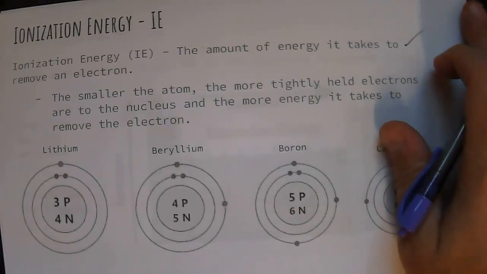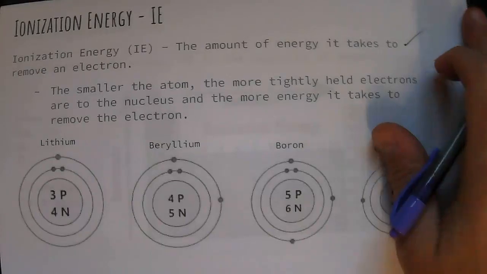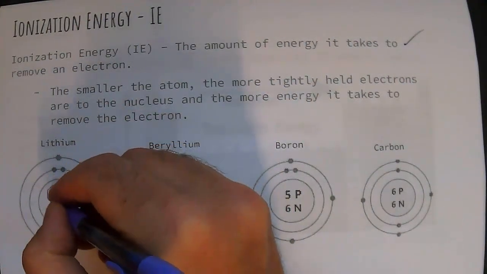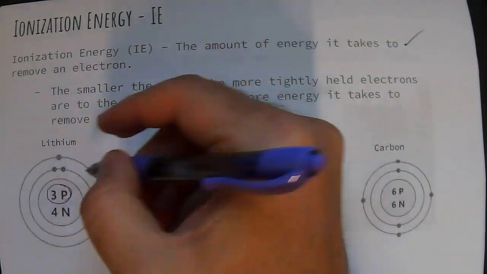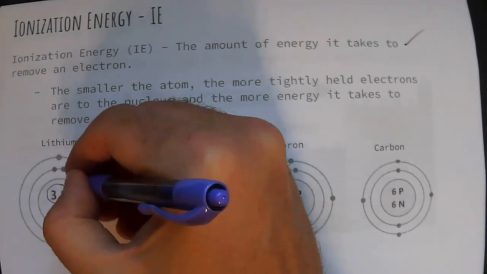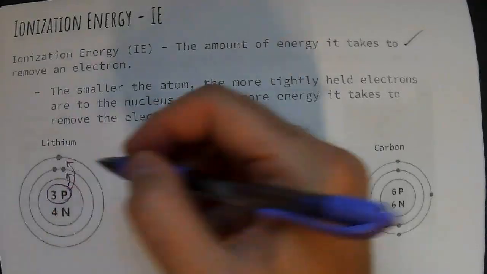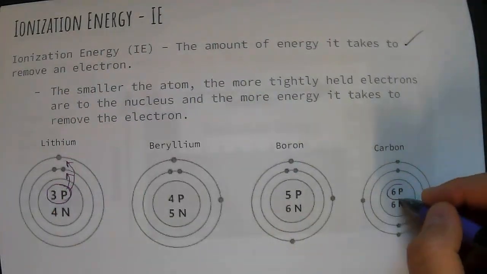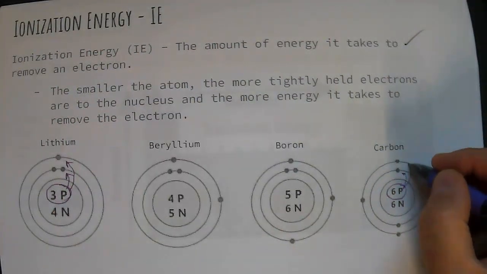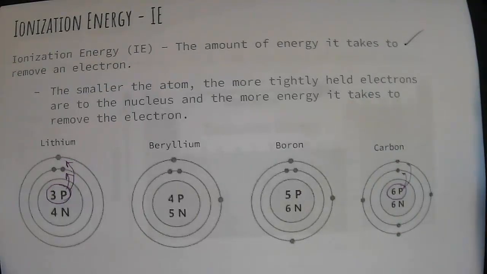But remember, with size, it's the amount of protons holding these electrons in. So lithium can't hold the electrons as well as carbon because there are more protons holding them in.